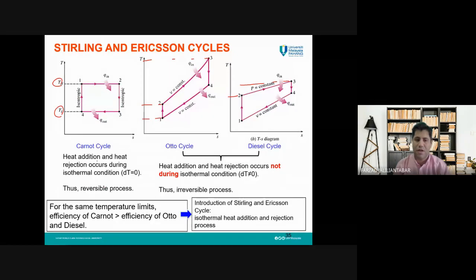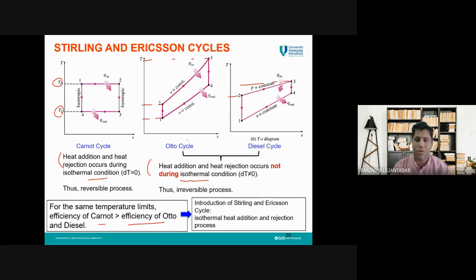It is also mentioned here that heat addition and heat rejection occur under isothermal conditions for the Carnot cycle, but for the diesel and Otto cycles, they do not occur under isothermal conditions. So we have irreversibility in the cycle. Because of that, the efficiency of the Otto and diesel cycles is less than the Carnot cycle.